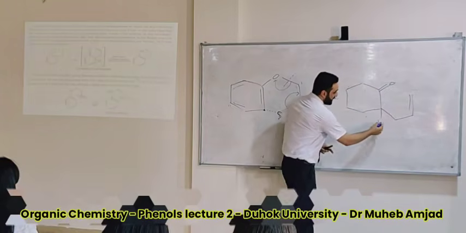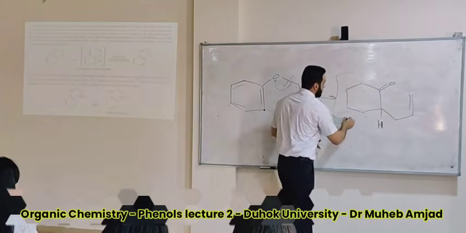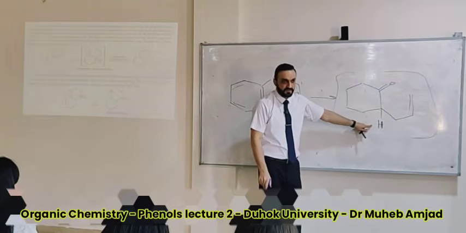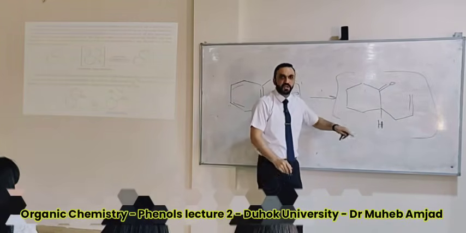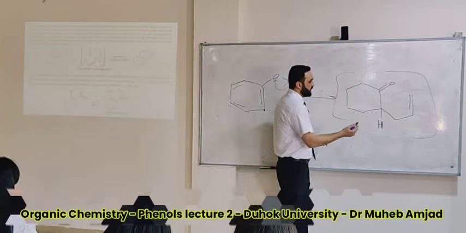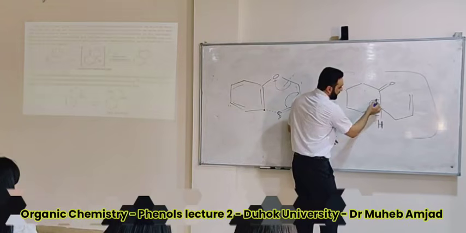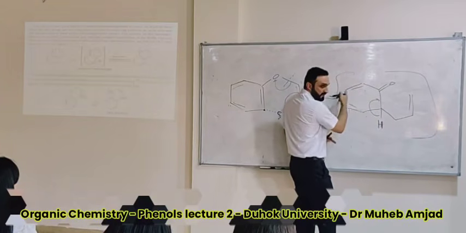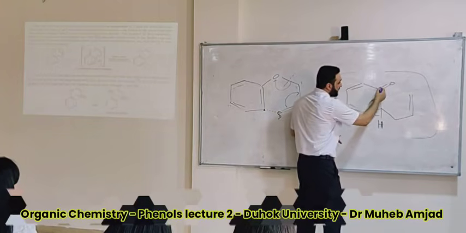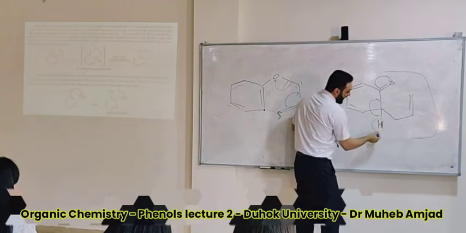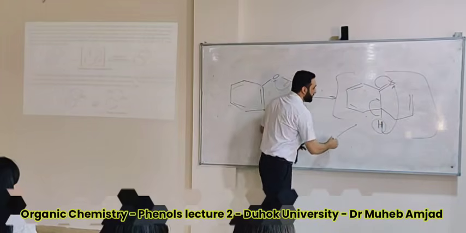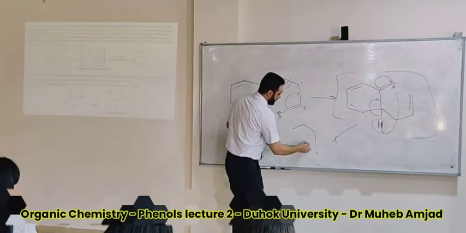Now this intermediate is in the ketone form, and the enol form? Ketone form. Yes, it will be converted by tautomerism to the enol form. Here it will make a double bond, and the aromatic system will come back, and the hydrogen will be transferred to the oxygen atom and give you the final product.